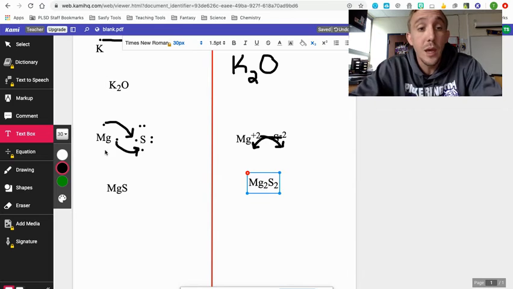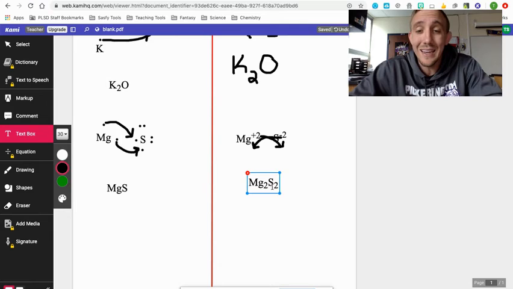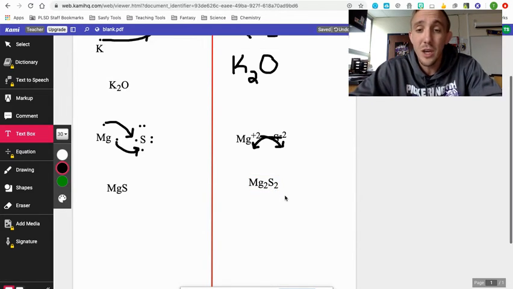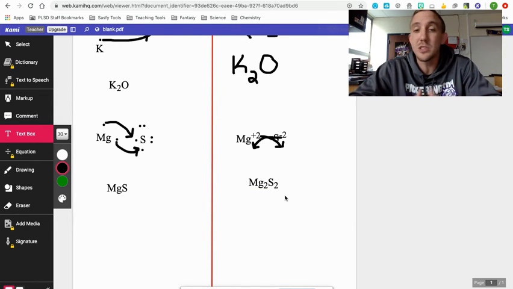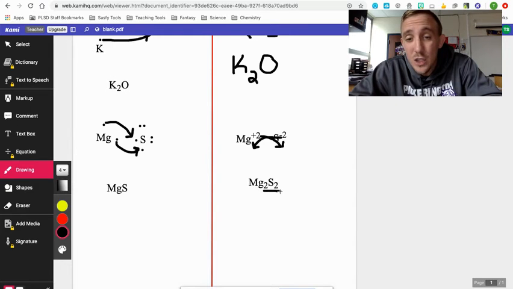But wait a minute. Okay, is there a number that each one of these two can be reduced by? Is there a number that can go into both of these numbers that can reduce those numbers? Well, if you think about it, magnesium's got to be reduced to its simplest whole form. And so I can divide each one of these numbers by 2.